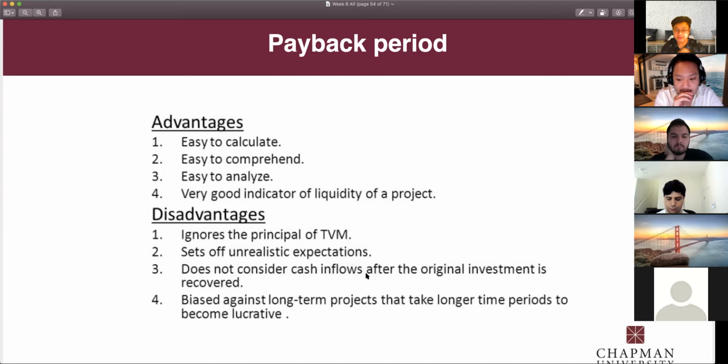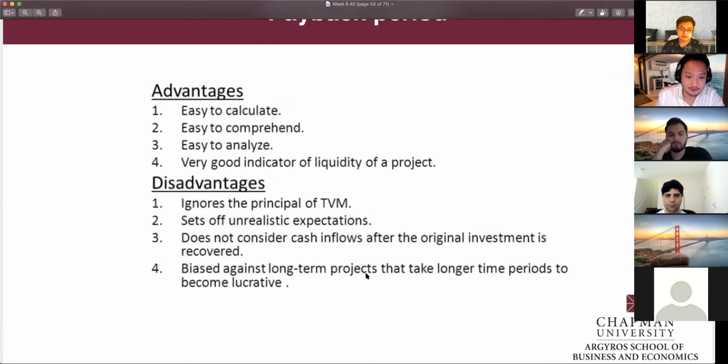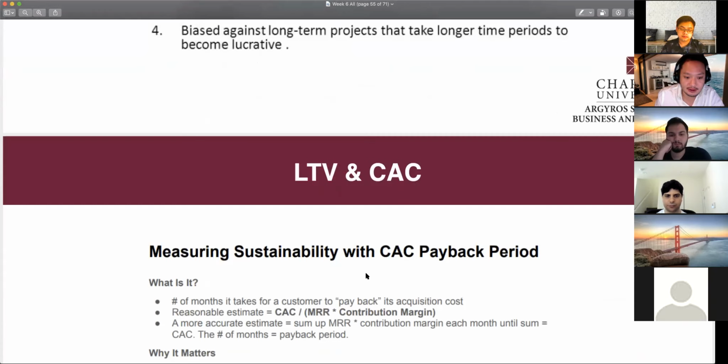It has a bias against long-term projects that take longer time periods to become lucrative, right? So yeah, because of that same factor, it doesn't really account for anything after the initial money is made back for that particular project. So these are some pros and cons.